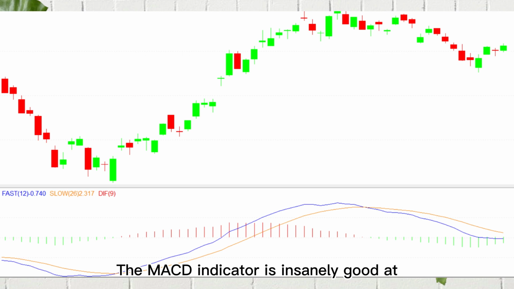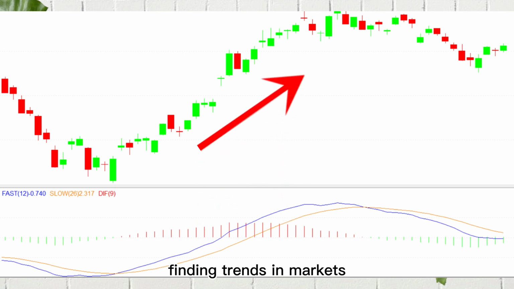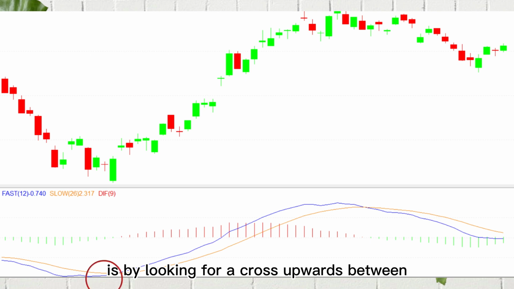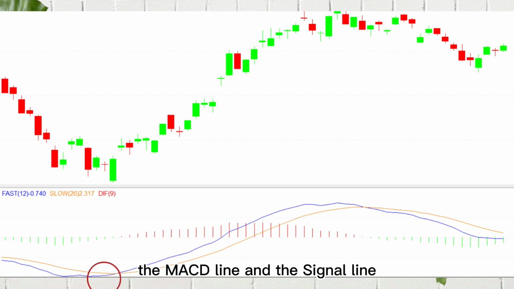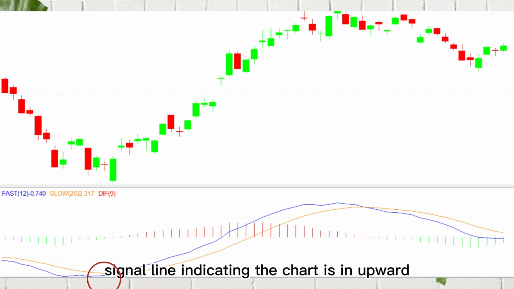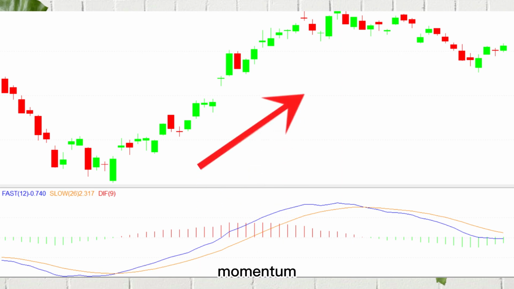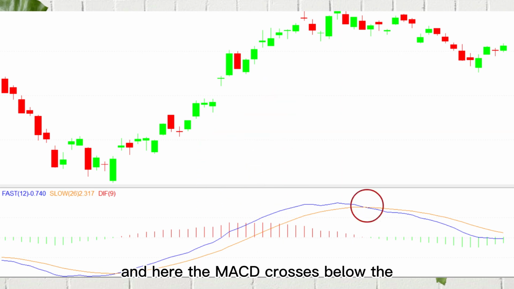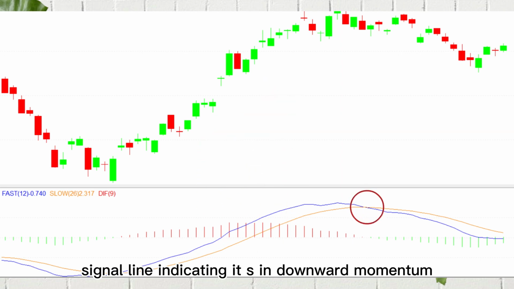The MACD indicator is insanely good at finding trends in markets. How you can tell if a chart is about to have an upward trend is by looking for a cross upwards between the MACD line and the signal line. For example, here the MACD crosses above the signal line, indicating the chart is in upward momentum, and here the MACD crosses below the signal line, indicating it is in downward momentum.